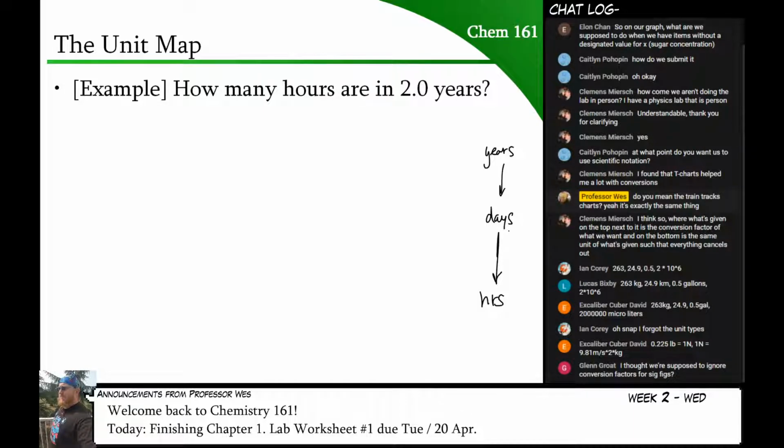So I can do this map here. For each of these arrows, this is going to be a conversion. So I could say that in 365.25 days, that would be 1 year. I'm doing the 0.25 because I don't know if it's leap year or not, so we'll just use the solar year. And then in 1 day, there are 24 hours.